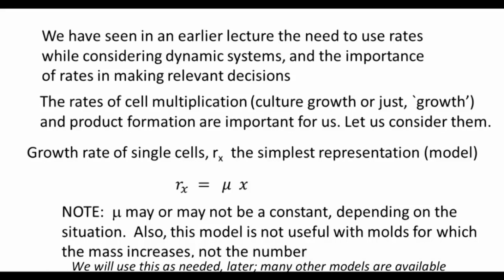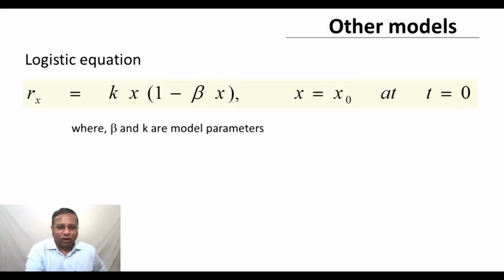This is not the only model that is available for cell growth. There are many such models, and we will see some of them. This is an introductory course, so we'll see only some of them. One other model, I think I'll just show you just one other model.